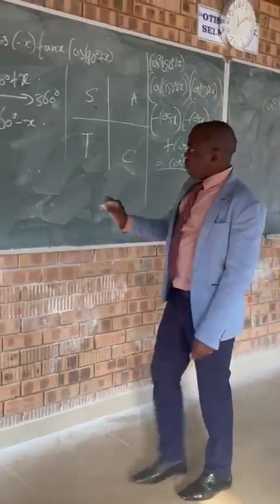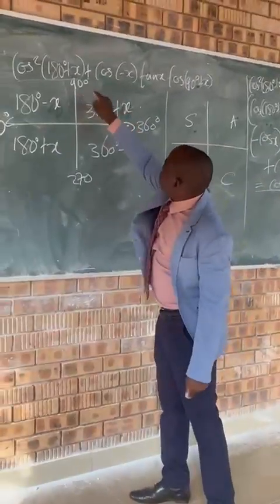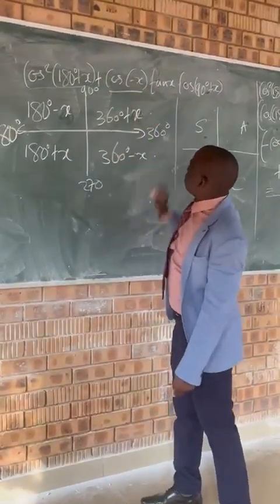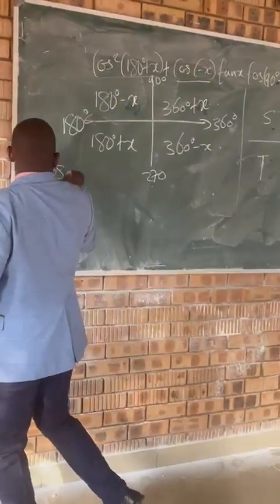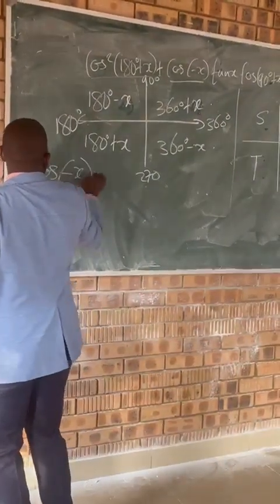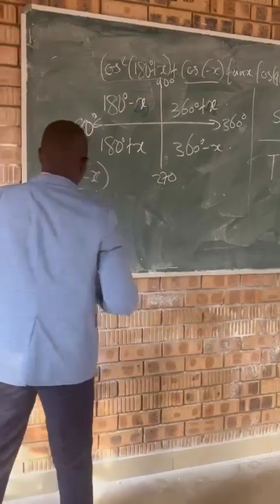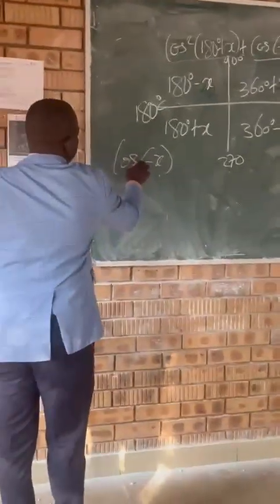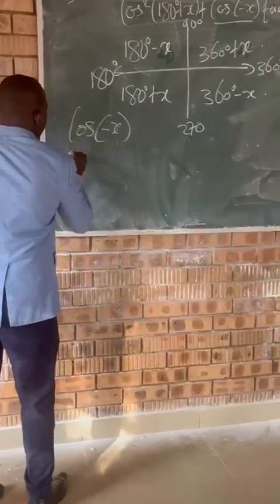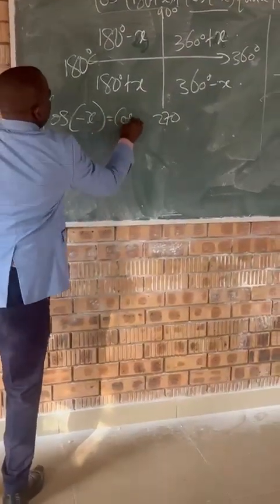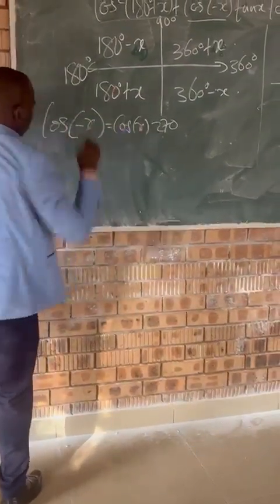Now we proceed to the second expression, cos of negative x. The cos of a negative angle is equal to the cos of the positive angle.